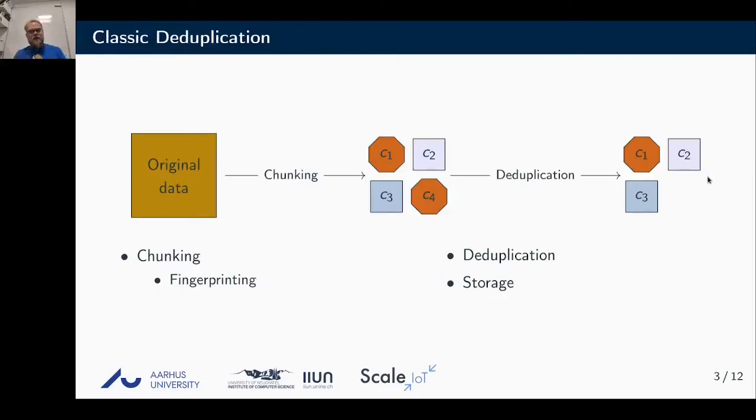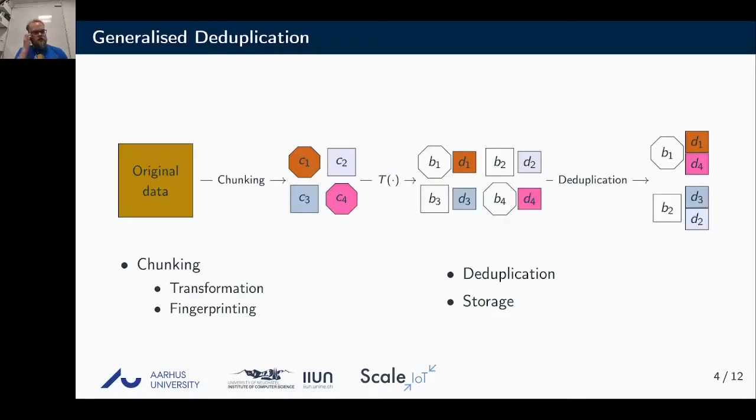However, remember in the previous example, C2 and C3 have the same shape but different colors, and we couldn't store them as the same, so therefore we ended up with 3 chunks. In this new generalized deduplication, C2 and C3 have the same shape but different deviations, but we still only need to store B2 and not B3.